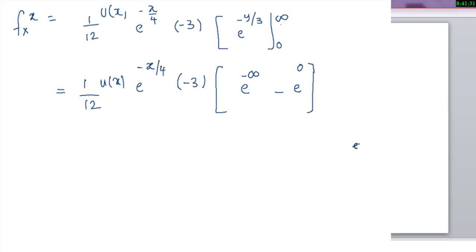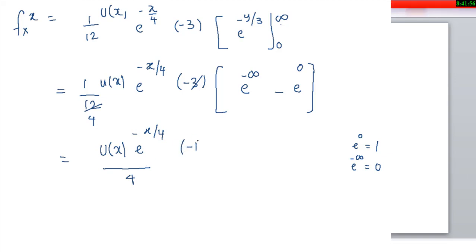Now what is e power 0? E power 0 is 1, whereas e power minus infinity is defined as 0. So this 3 will get cancelled with the 12 as 4, and I'll get u of x e power minus x by 4 divided by 4.